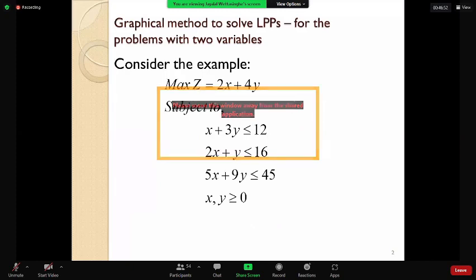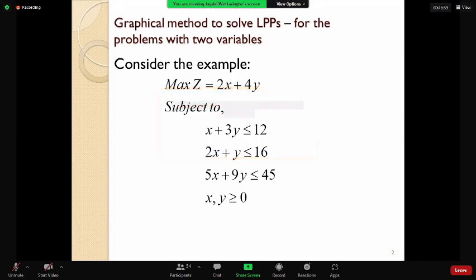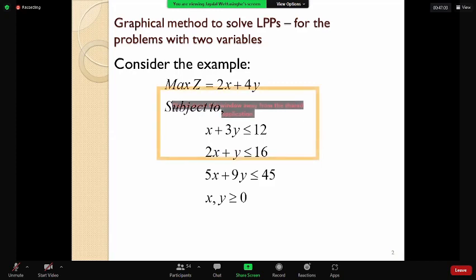So this is the question. Now, the meaning of these constraints: we have a set of constraints. When we find the solution for x and y, it should satisfy all these conditions. x plus 3y is less than or equal to 12.